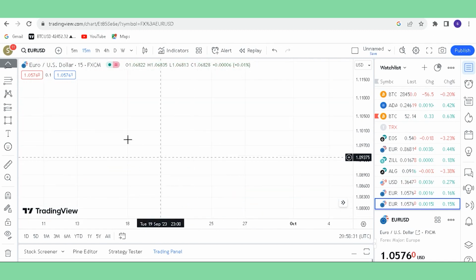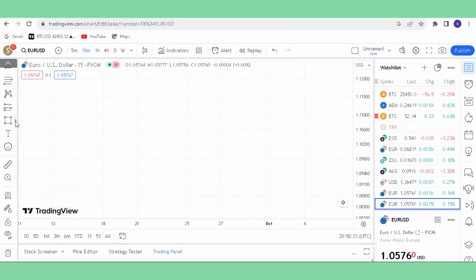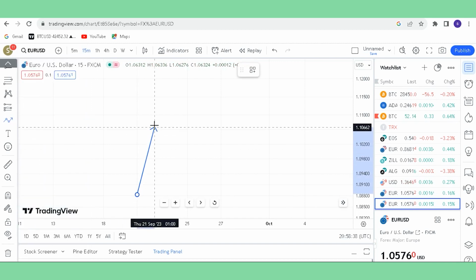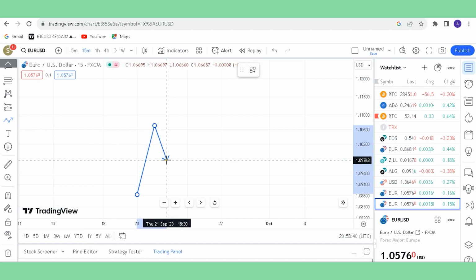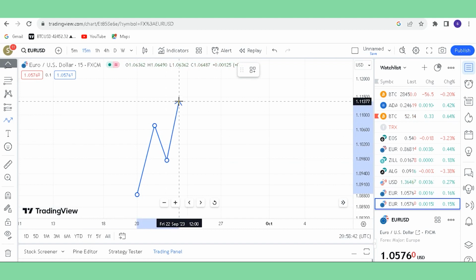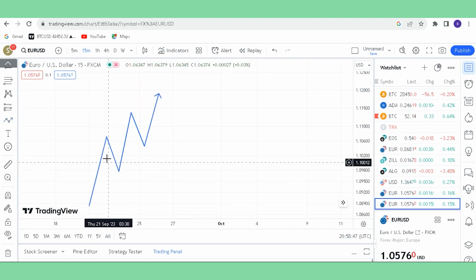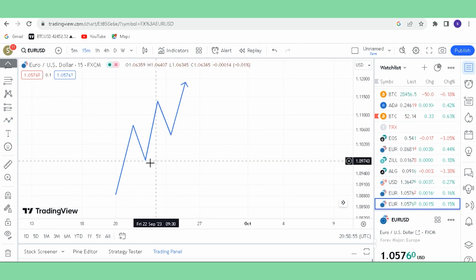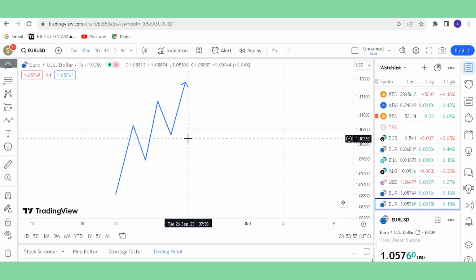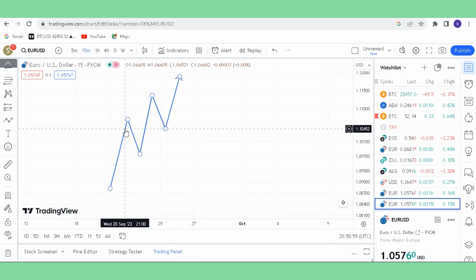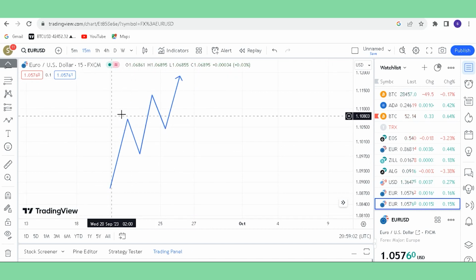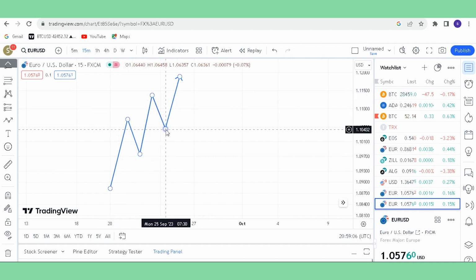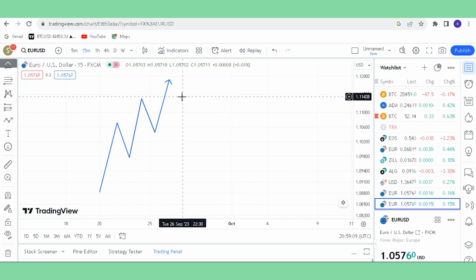Another thing that we learned in the introduction episode was trend lines. We saw what an uptrend is. Uptrend is when you have a high, higher high, low, higher low. So the price is forming higher lows and higher highs.